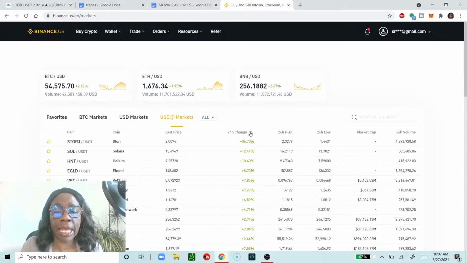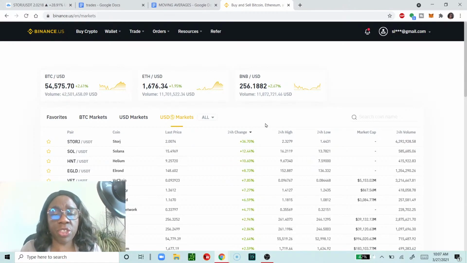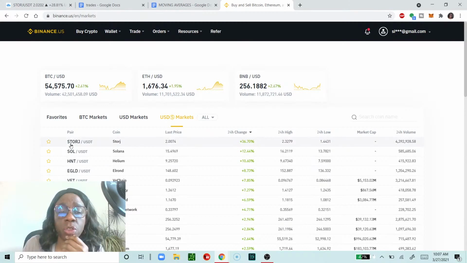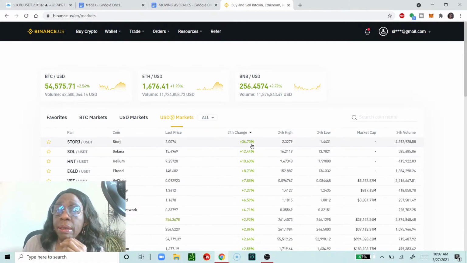If you click it again, it sorts it from top to bottom as far as percentage changes, and we can see that this coin, Storage/USDT, in the last 24 hours has moved 36%. So this is the kind of information you want to get in on before the move.